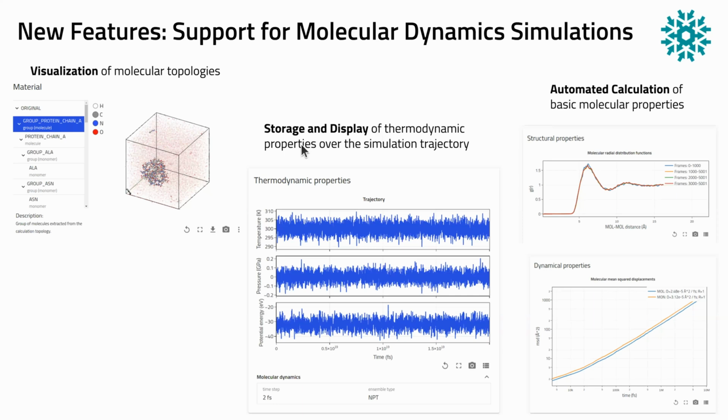And then we store and display the standard thermodynamic properties. So these are now trajectory properties that we're storing. So this is a sort of different case of a metadata schema. And then we do some automated calculation of some basic molecular properties like radial distribution functions and mean square displacements.